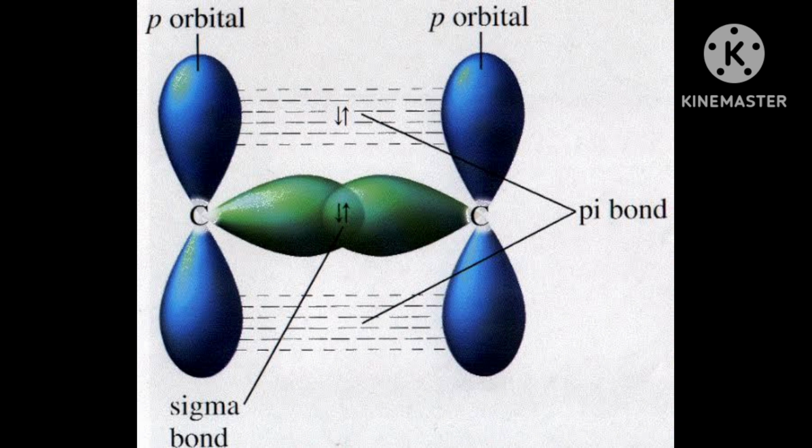I told you, first 3, second 2, and last 2. 3 plus 2 plus 2, 7 products you will get. 7 products altogether. These are the fragments. This is called fragments. You got these on decomposition of higher alkanes like C6H14. This is called pyrolysis.